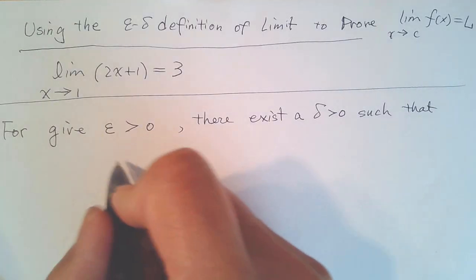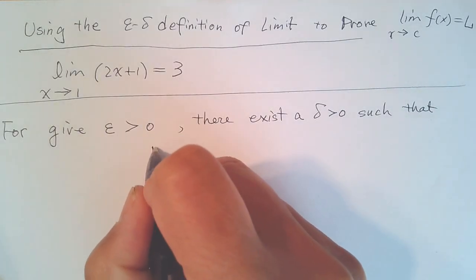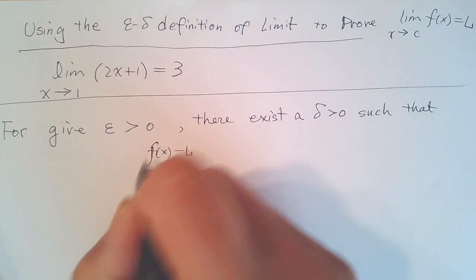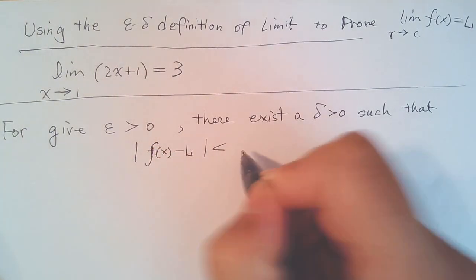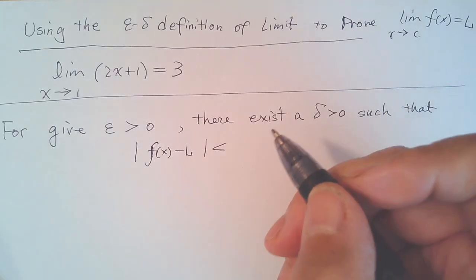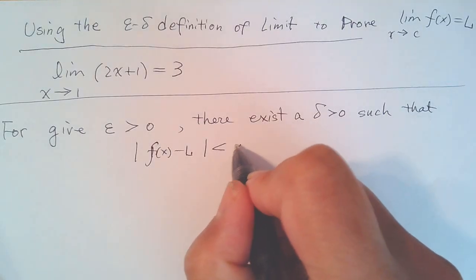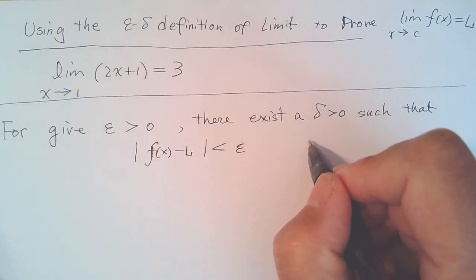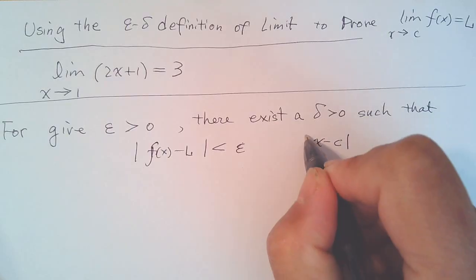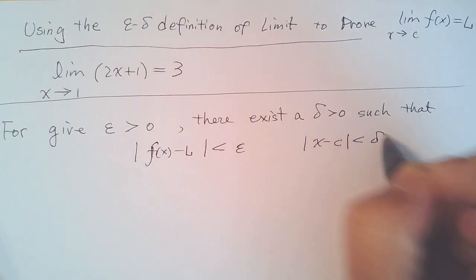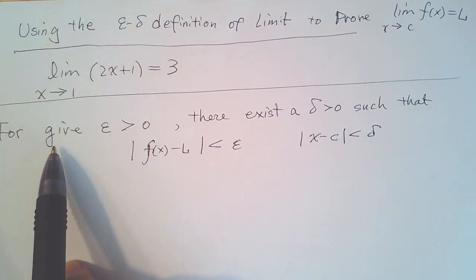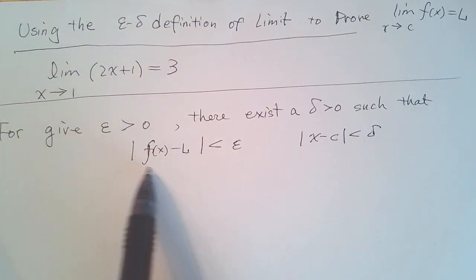Just repeat the definition: the absolute value of f of x minus L is less than epsilon whenever the absolute value of x minus c is less than delta. Okay, so let's see. For a given epsilon greater than 0, so we know this.